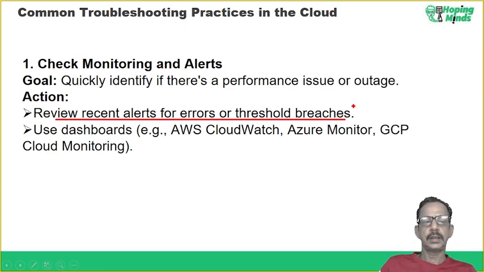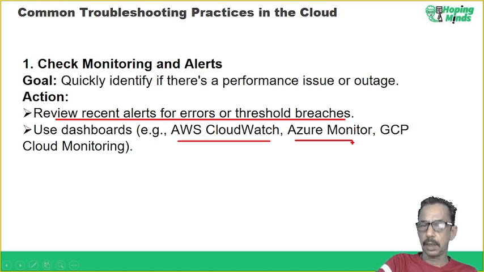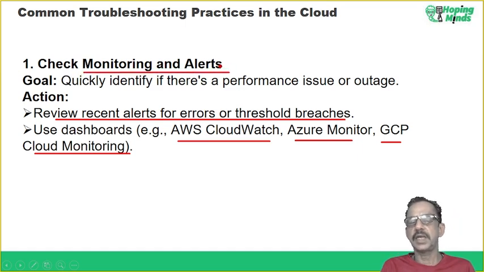To review that, naturally we go to the dashboard, either in AWS CloudWatch as I've shown you, Azure Monitor, or Cloud Monitoring in the GCP case. So first, check the monitoring and alerts. If some alerts are coming, then we should work on why this problem is coming.